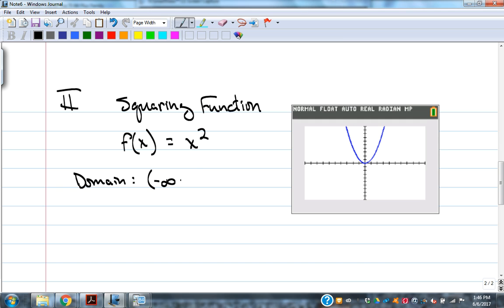No square roots, no x in the denominator, so it's negative infinity to positive infinity. The range for this thing is from 0 to infinity. In its original state, it's from 0 to infinity.